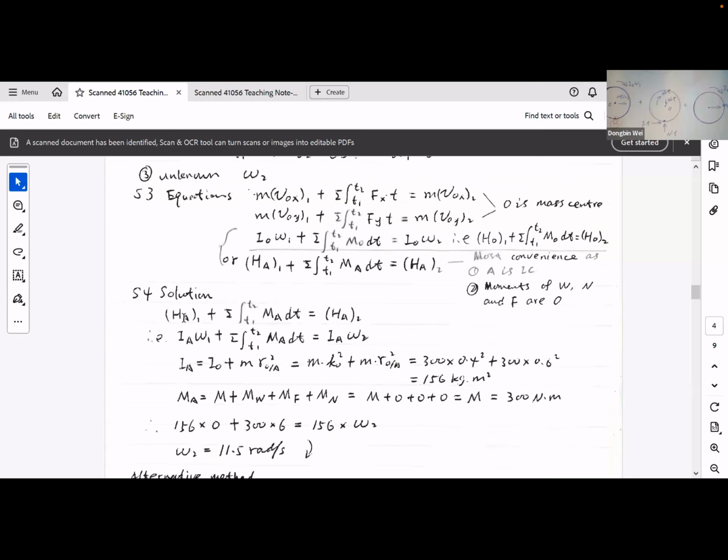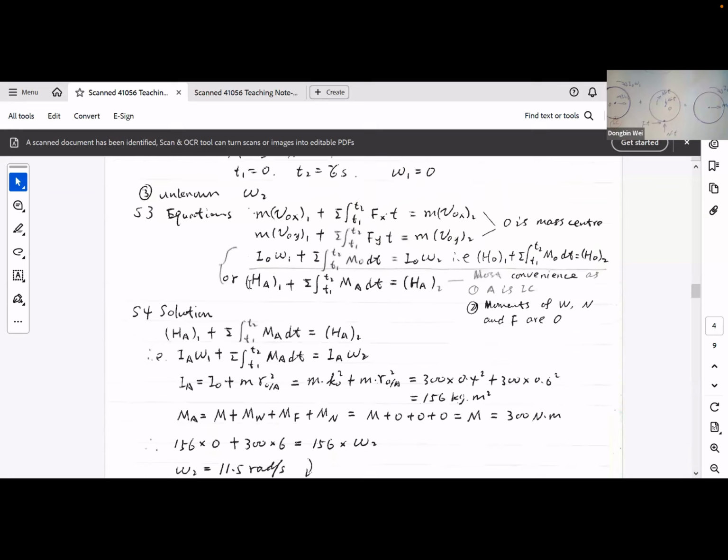Now, to solve this problem, we will apply these three equations, and we will select point A to calculate the angular momentum. We start from angular impulse and momentum, because in this one the only unknown parameter we are going to work out is omega 2.